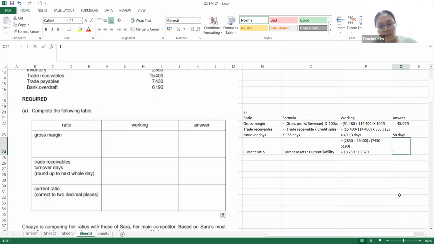So we get 1.34. Follow the instruction. They want 2 decimals, we put 2 decimals.